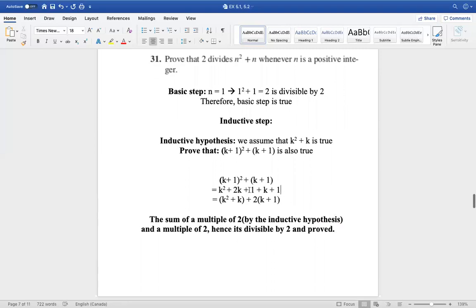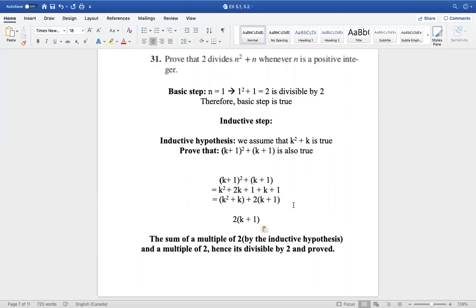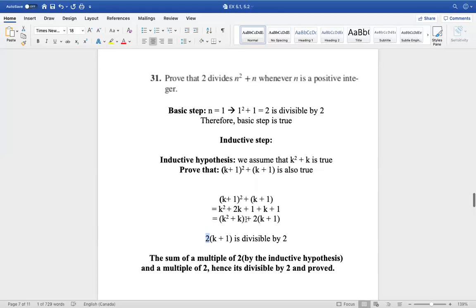Okay, so basically here we have this k plus 1 and this is a multiple of 2, right? So we know that this one here is divisible by 2, because then this 2 will just go off and it will be k plus 1. Now how do we know that this one here is divisible by 2 or not?